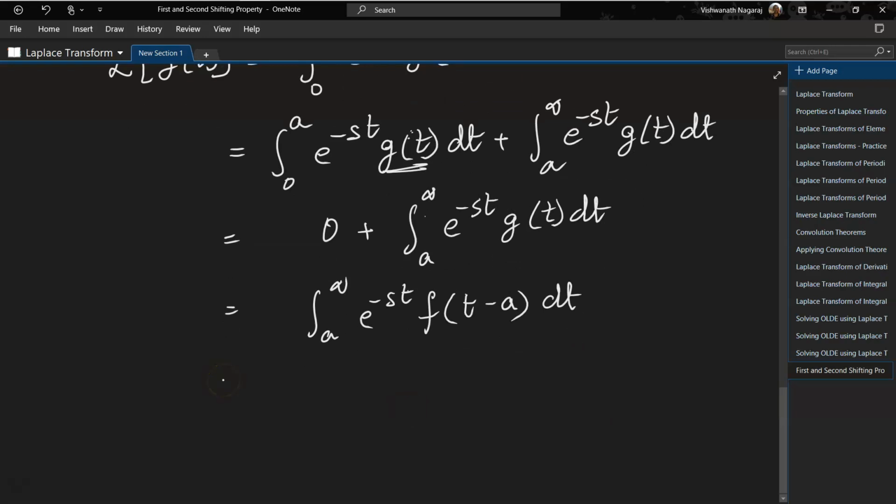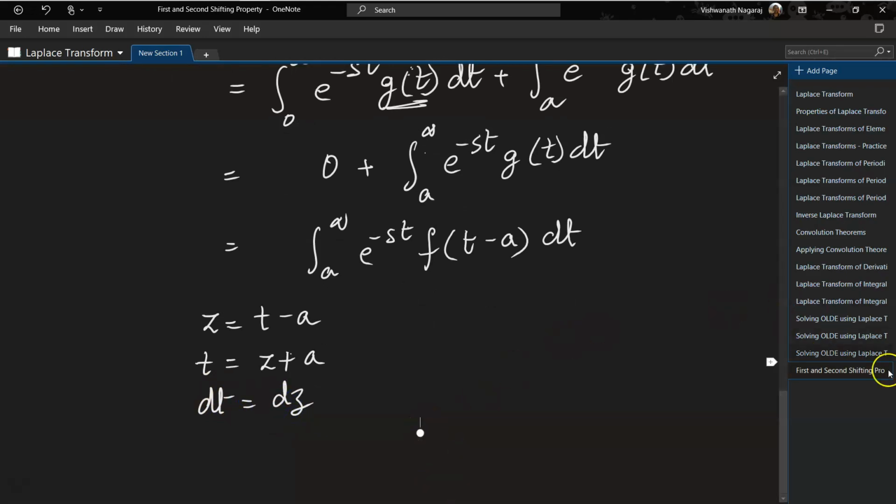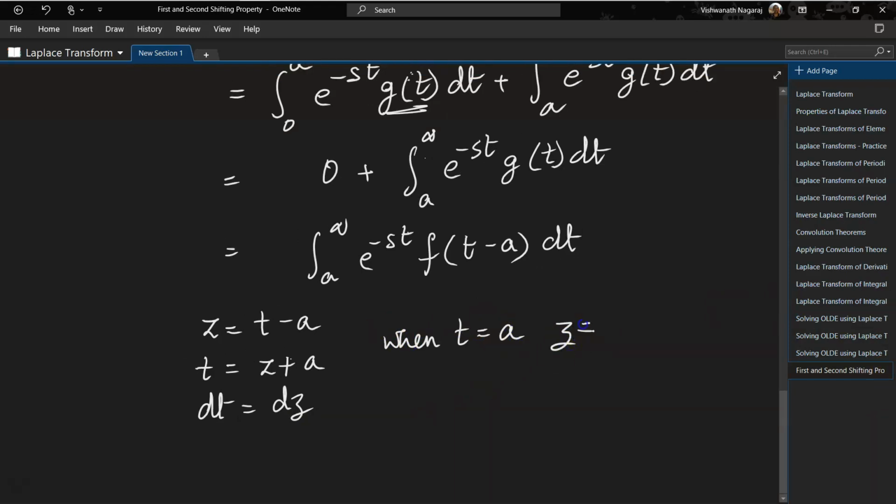So let's do some substitutions. Let's say z is equal to t minus a, which means t is equal to z plus a, and if we differentiate it, we get dt is equal to dz. As far as boundaries are concerned, when t is equal to a, z is equal to 0, and when t is equal to infinity, z will also be equal to infinity.